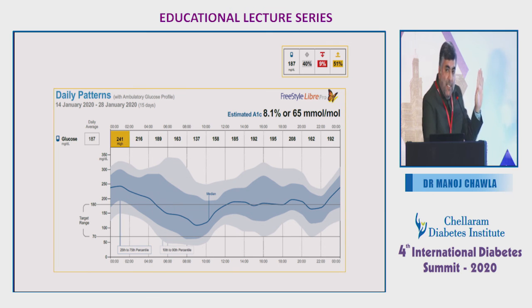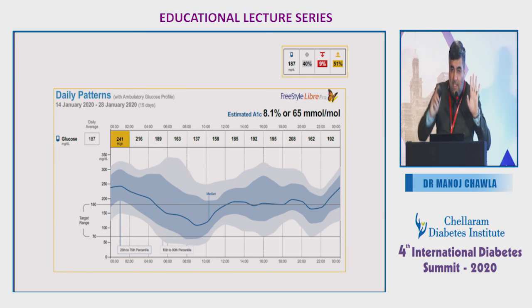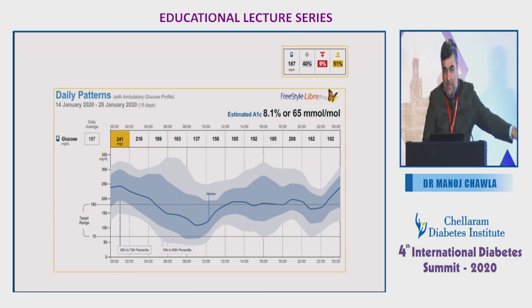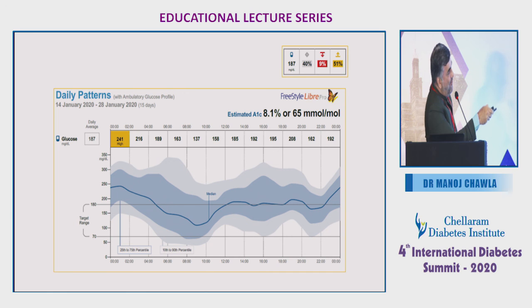Excellent, Sonali. So the reason I put up this case is this is the works. This gives you everything that you have wanted to see in AGP. This patient has huge exposure, right? It's going high also very much. It is extremely variable, right? See the breadth of this.